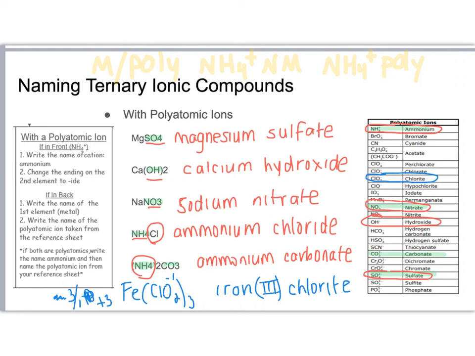Remember that the shortcut is going to take the subscripts and cross them back up as charges. When we don't see a subscript, we assume it to be 1, and you can see here that the chlorite ion is predicted to have a -1 charge. We just did it the harder way, which tells us it did have a -1 charge. So iron would have a Roman numeral of 3 as a charge.